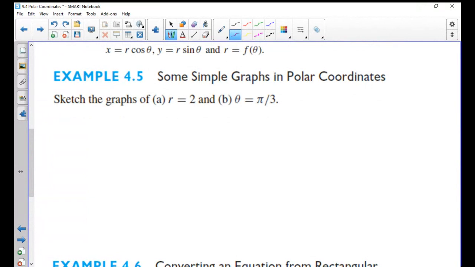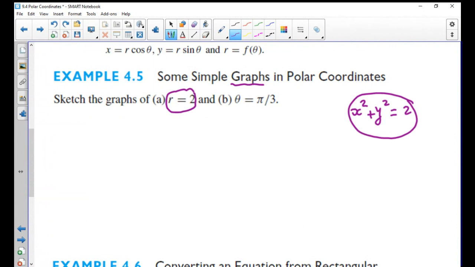Now, the next thing is how to graph equations which are given in polar coordinates. Yeah, we know that, for example, if I give you x squared plus y squared equal to 2, and I say graph this, what will be the graph of this equation?